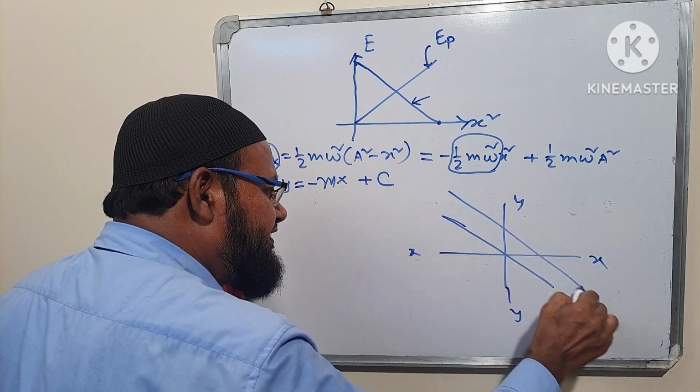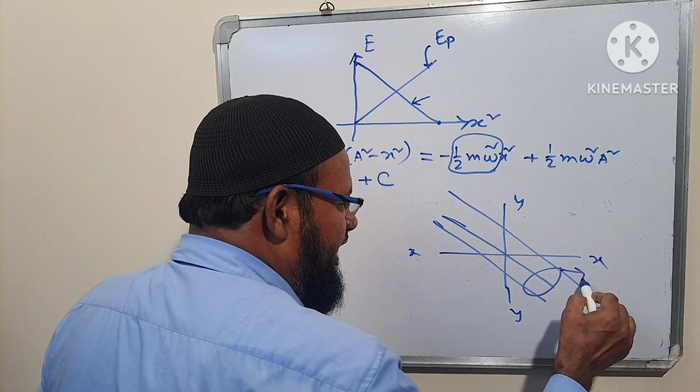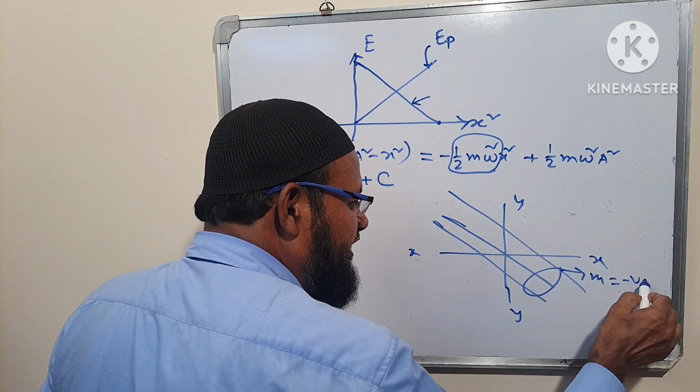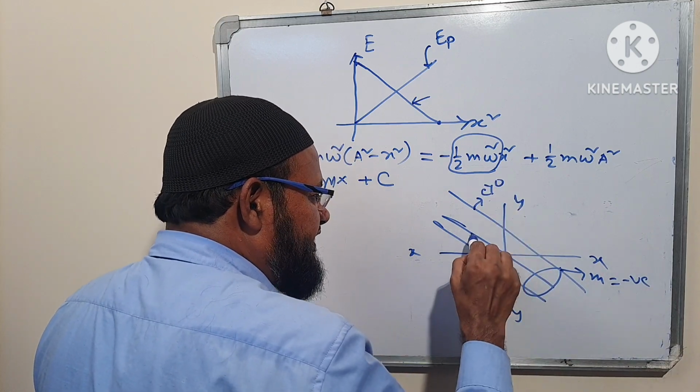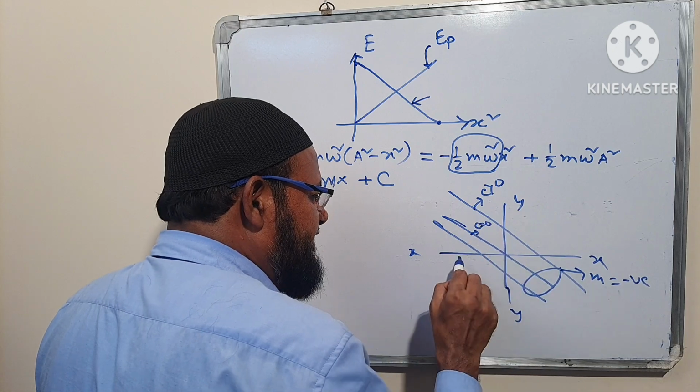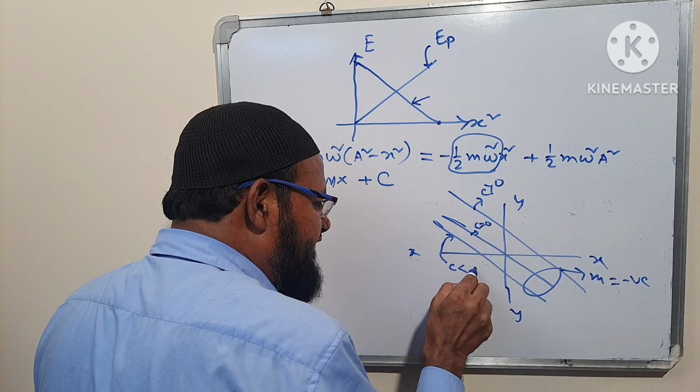This graph and this graph, all the three have m negative. This part has c greater than 0. This is through the origin, this is c, and this is below the origin.